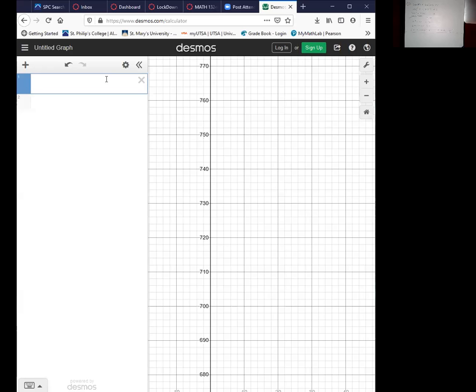Let's see. So f of x is equal to negative 873 plus 396 ln of something. I think it's just x, right?